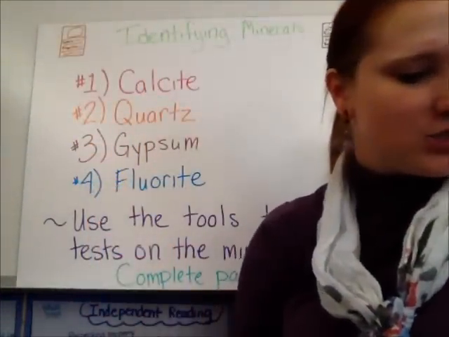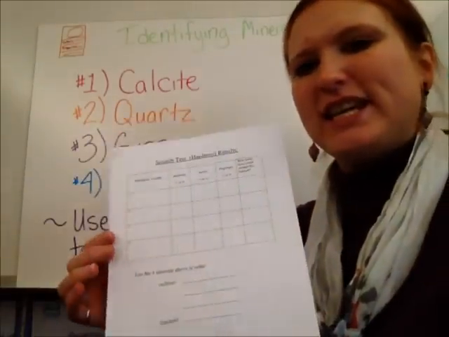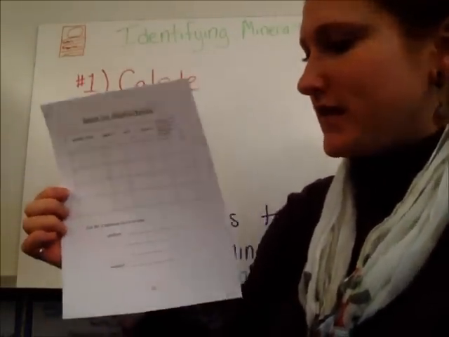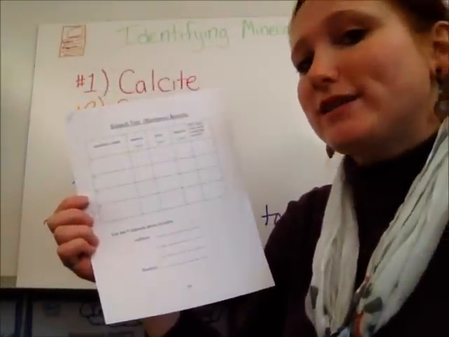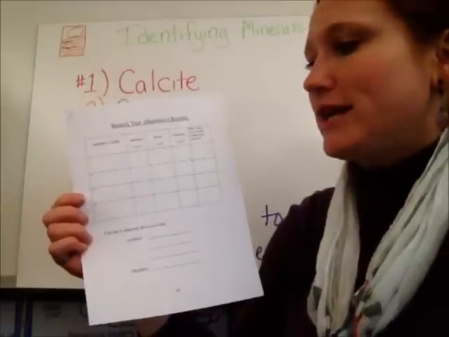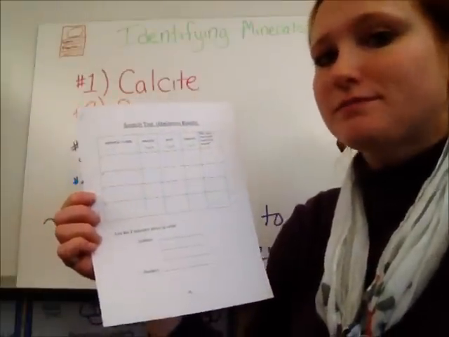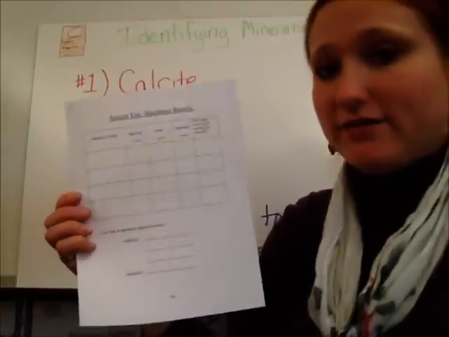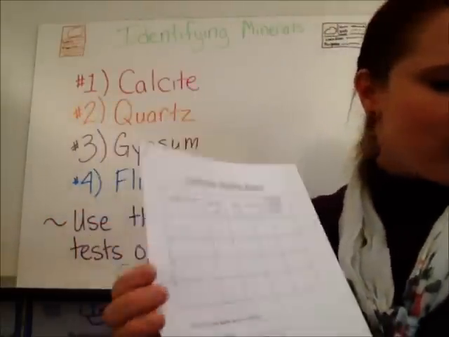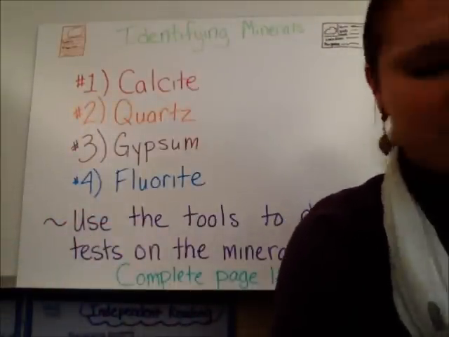Then you're going to turn to page 16, which looks a lot like page 15, but we're not using the tools anymore to see how hard the tools are. We're using the tools to see how hard our minerals are. On the two previous pages, I believe pages 13 and 14, you have 4 minerals that you look at.